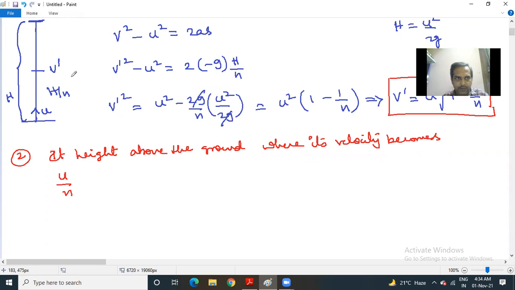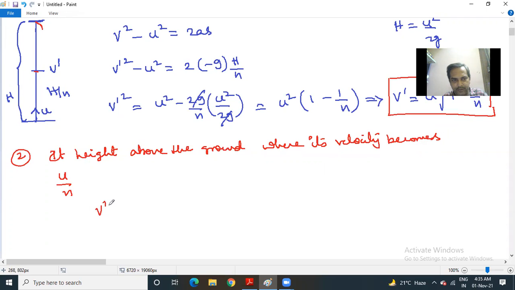So we have to find out the height now. In the previous one, we got the equation of velocity. Now we have to find out the height at which velocity becomes u by n, because it reduces. Finally it becomes 0, but it reduces.